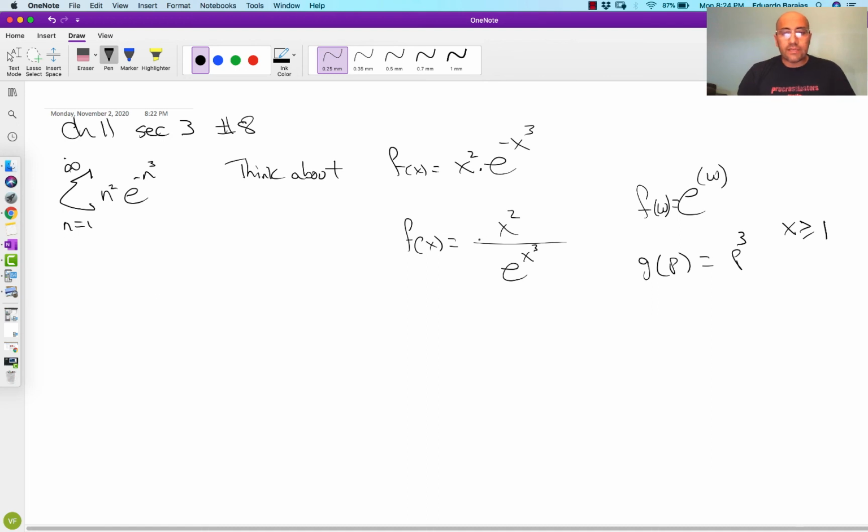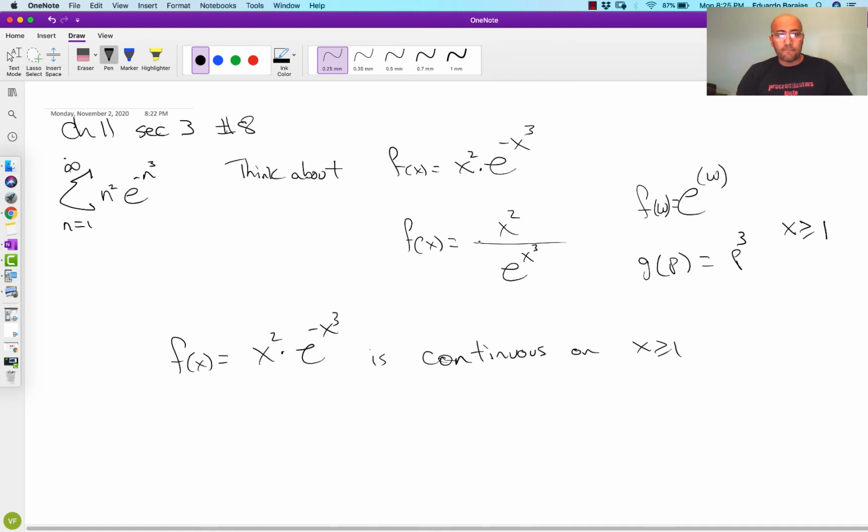Okay, so without really proving it, I think it's easy to convince you that f of x equal to x squared times e to the negative x cubed is continuous. Right? This is good enough for our purposes. On x greater than or equal to 1, right? That's all we really care about. Next, positive. Is this always positive?